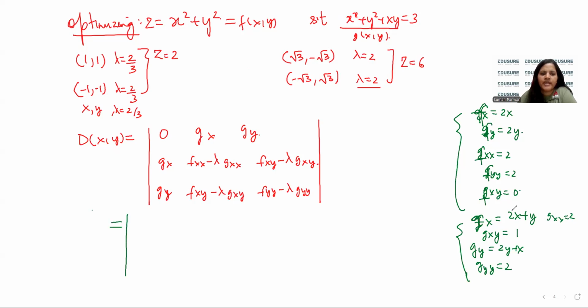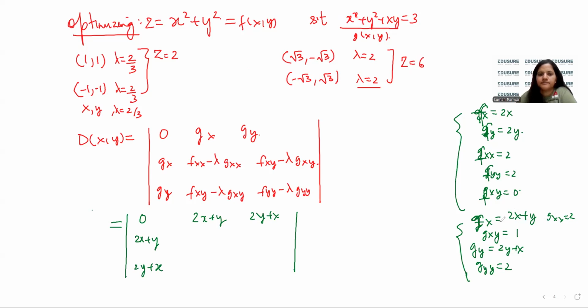So let's try to make this matrix simpler. This is going to be 0, and this is going to be 2x plus y, and this is going to be 2y plus x, 2x plus y, 2y plus x. Now F of xx is 2 minus lambda Gxx, and G of xx is 2.